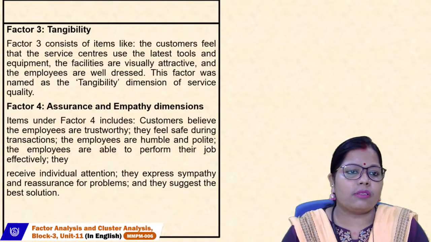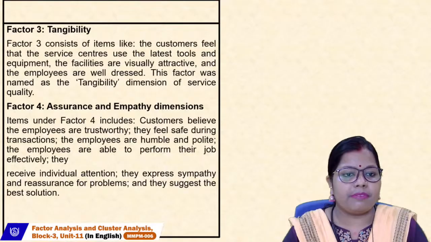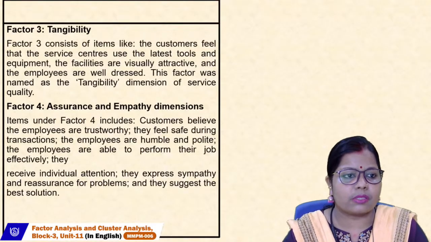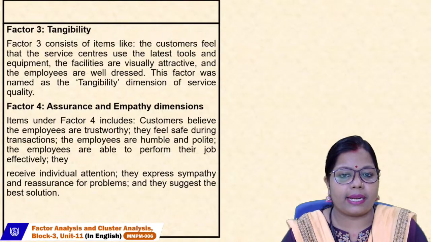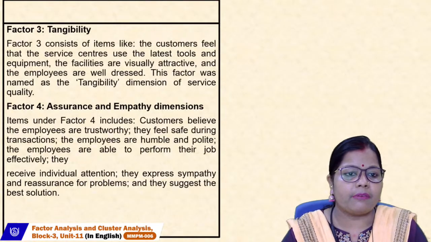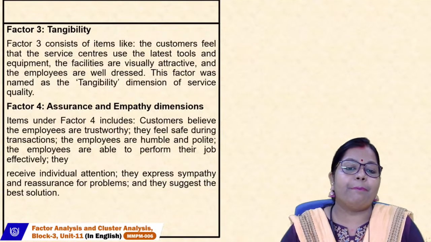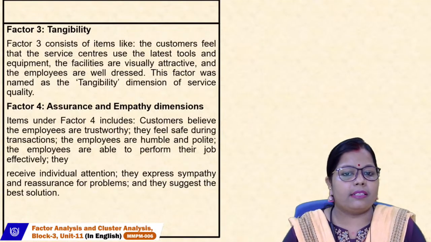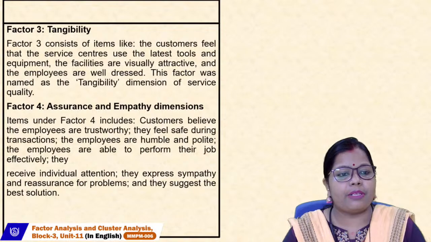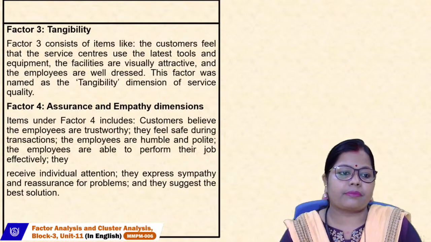Then factor 3 is called tangibility. It means the customers feel that the service centers use the latest tools and equipment, the facilities are visually attractive and the employees are well dressed. This is the impression, and this factor was named the tangibility dimension of the service quality.